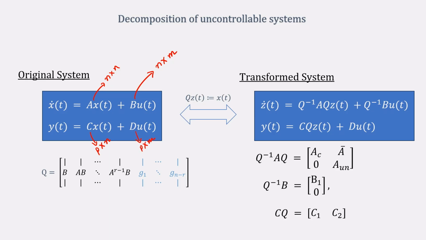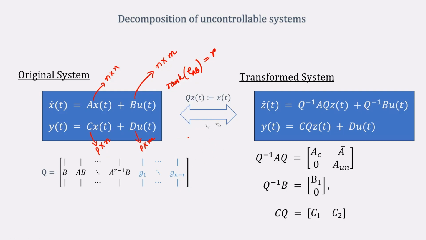Now also I can go ahead and check the rank of CAB. If the rank of CAB is R, I know that the dimension of the subspace image of CAB will also come out to be R.